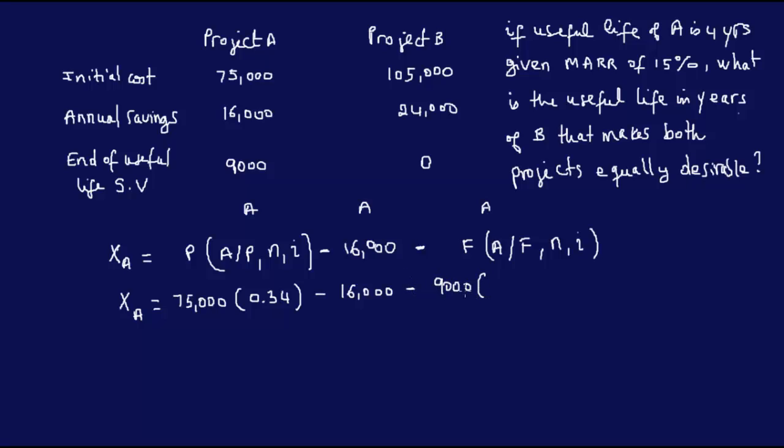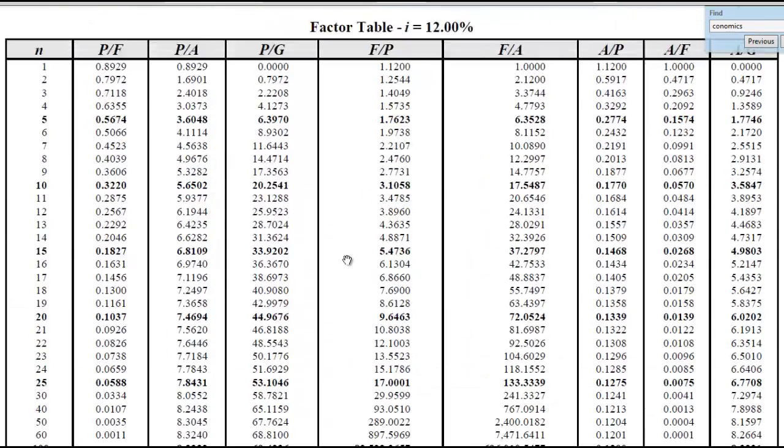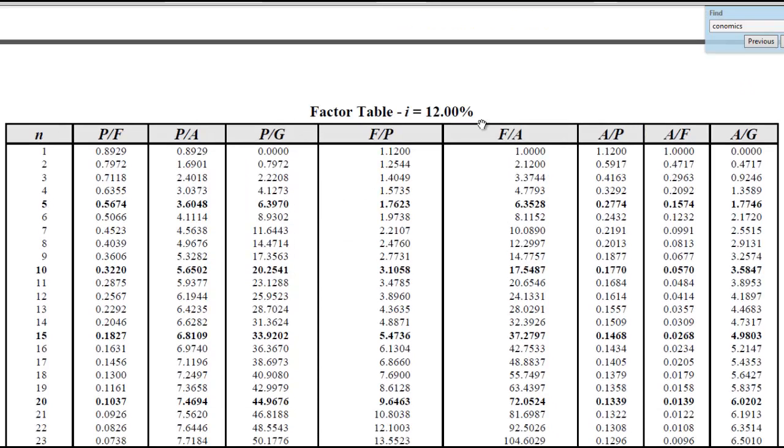Again, here we go to the table again. A/F, that's what we need for 4 years and 15%. Let's go back to the table. A/F is here, 1, 2, 3, 4 years. So we have 0.2092.